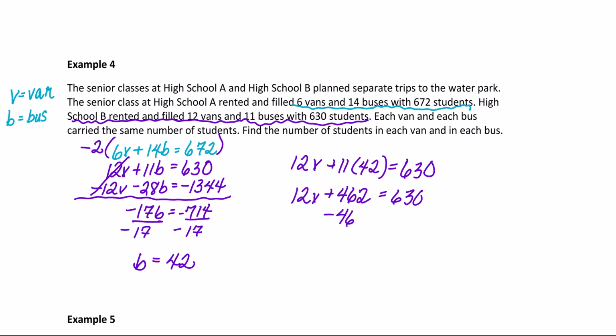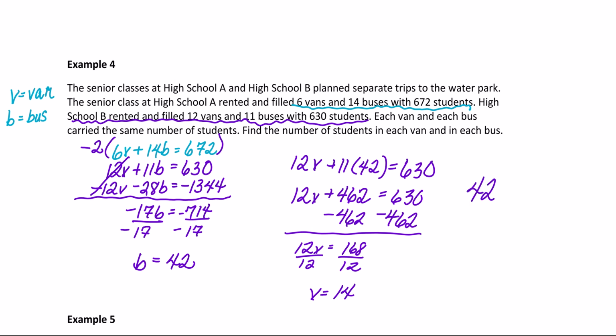Subtract 462. 12V equals 168, and then divide by 12. V equals 14. So 42 in each bus, per bus, and 14 per van.